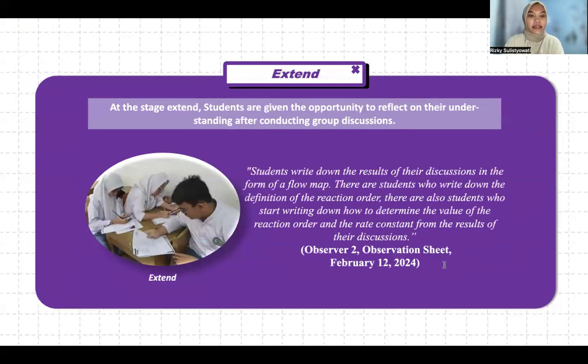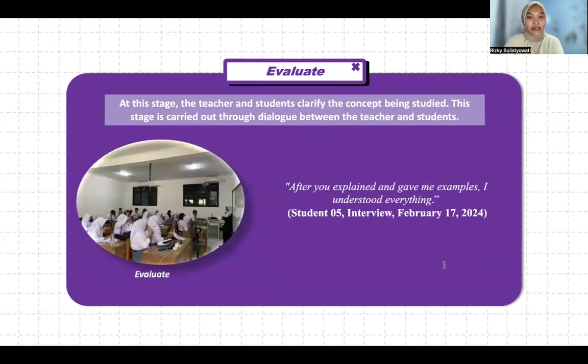Then the extend stage, where students are given the opportunity to reflect on their understanding after conducting a group discussion. And then for the evaluate stage, the teacher and students clarify the concept being studied together. This stage is carried out through dialogue between the teacher and the students.